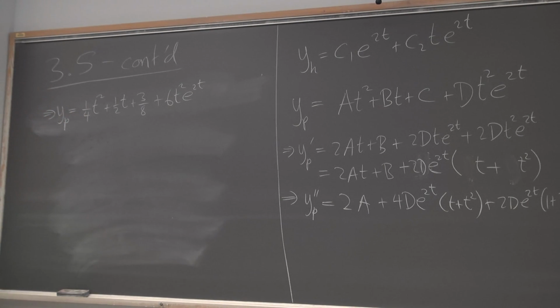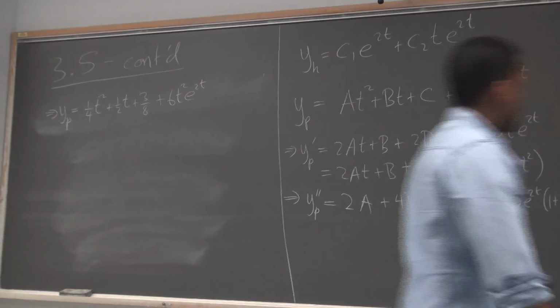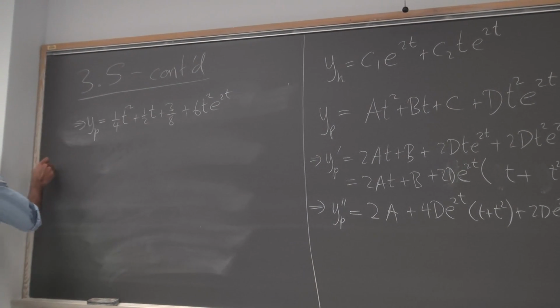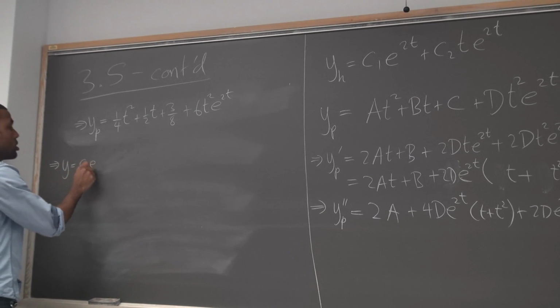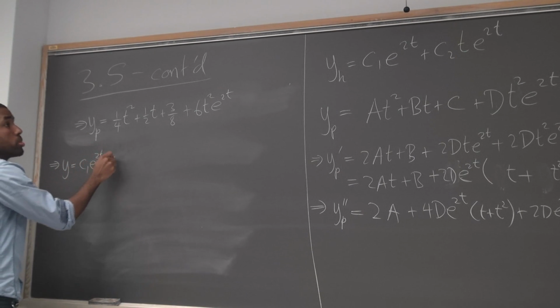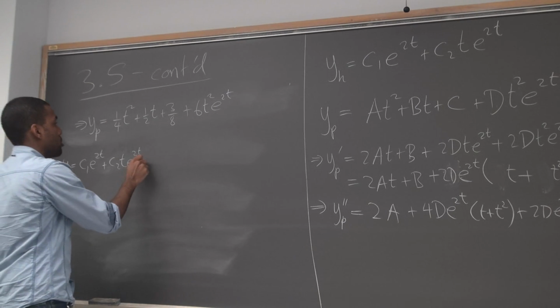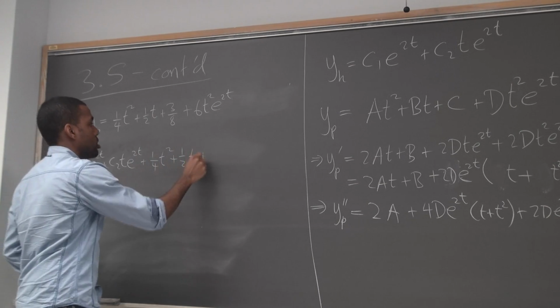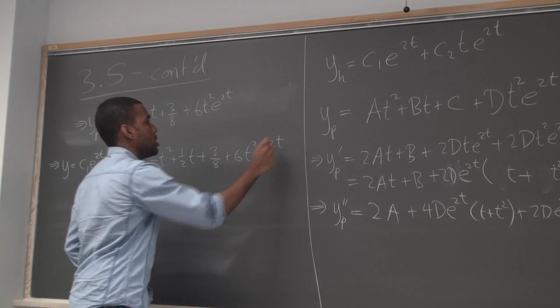If we plug it into the original, it will actually work. Now, our y must then be equal to c1 e to the 2t plus c2 t e to the 2t plus 1/4 t squared plus 1/2 t plus 3/8 plus 6t squared e to the 2t.